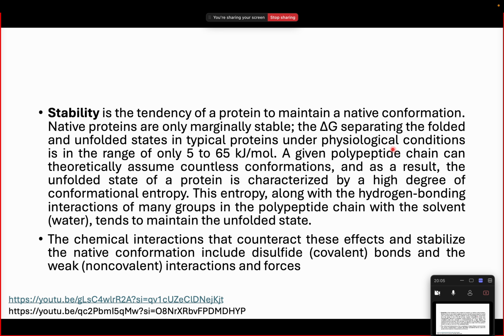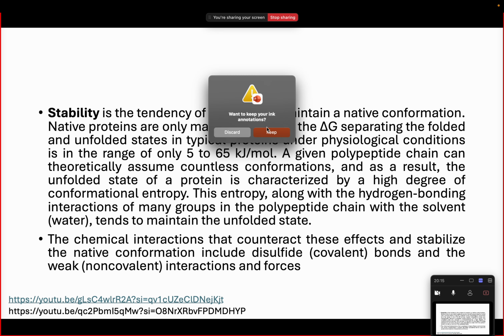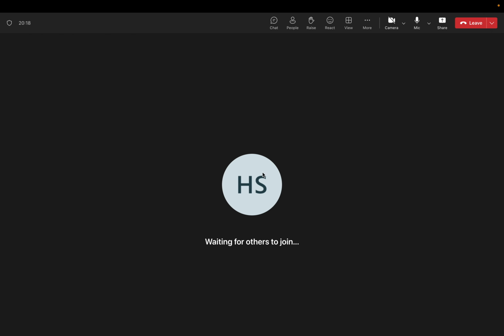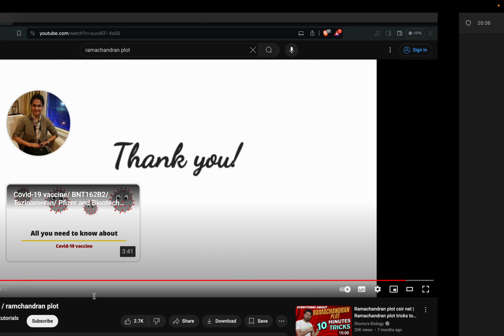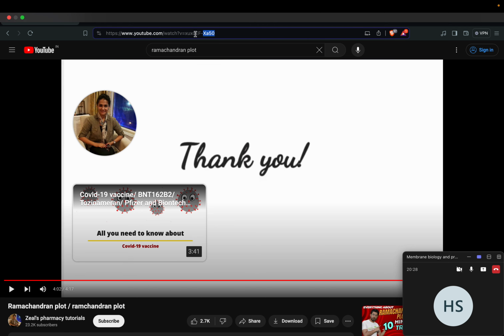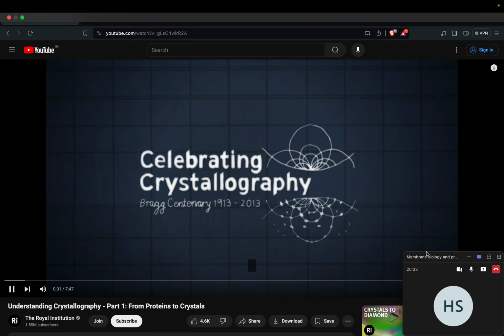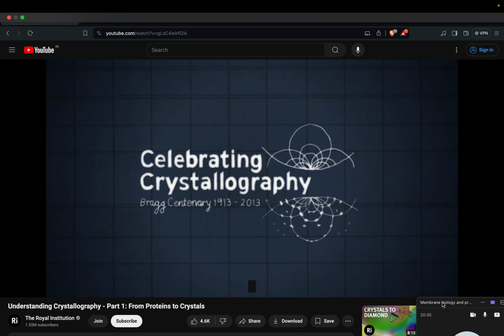The chemical interactions that counteract these effects and stabilize the native conformation include disulfide bonds and the weak non-covalent interactions and forces, which we're going to see in the coming class, in the coming slides. But before that, we'll quickly see these links so that we can have a better understanding of our 3D structural conformation and how they are determined.